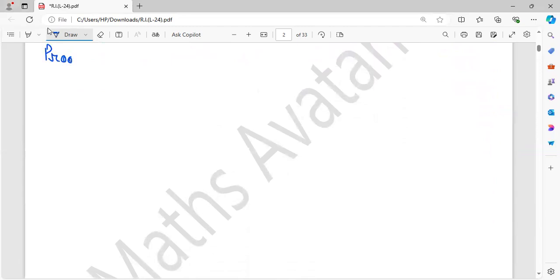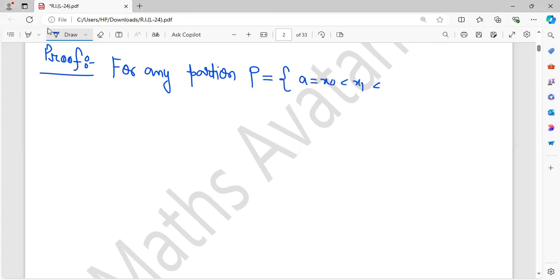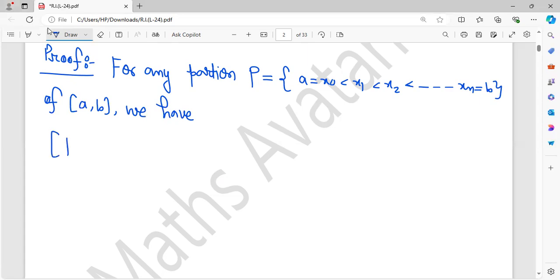Proof. For any partition P = {a = x0, x1, x2, up to xn = b} of the closed interval [a, b], we have: what is capital F(x) G(x) from a to b?